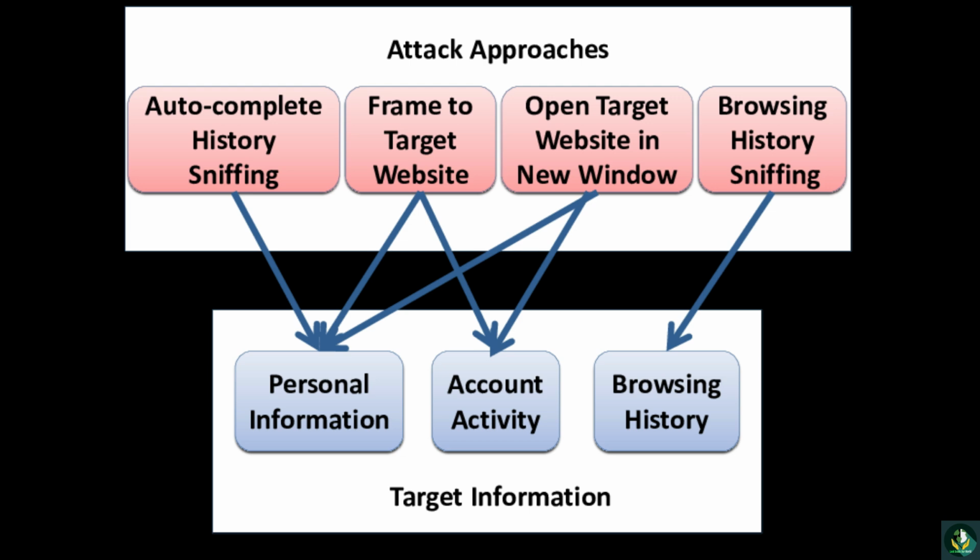So these are the attack approaches using browser history. Attack approaches and target information: what a hacker gets about the victim, like personal information, account activity, browser history, browsing history.